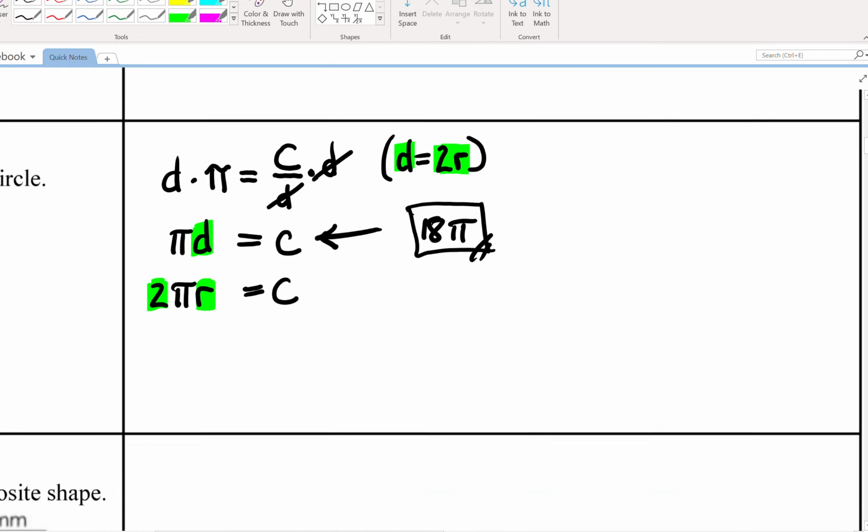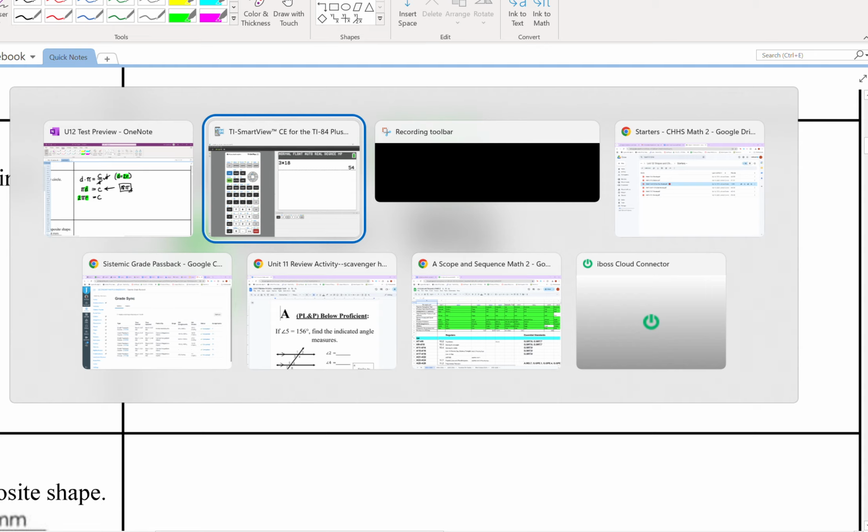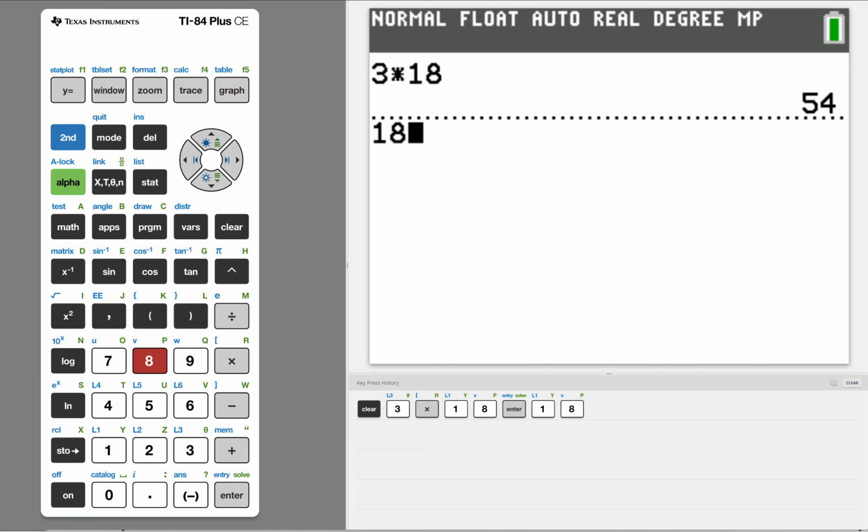And so we're going to plug that in to our calculator. We'll type in 18 here, and then we do the second function, and there's the pi. Oops, that's not what I wanted.